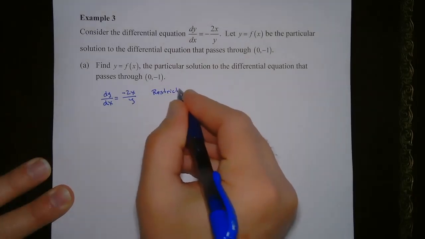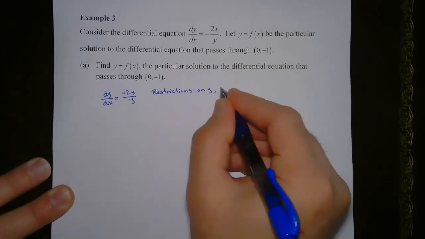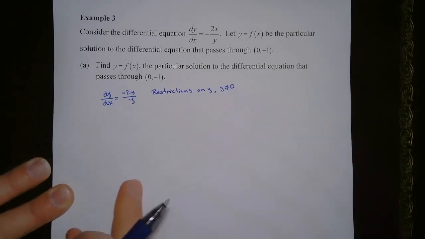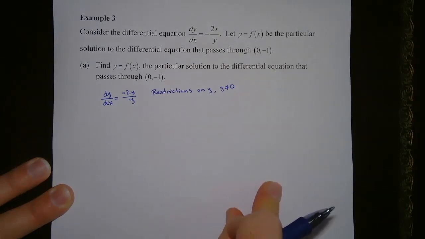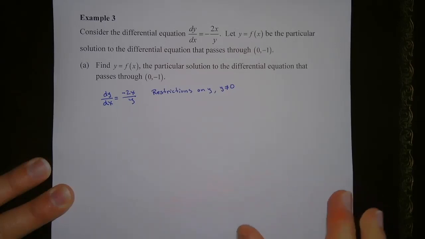So we have restrictions on y. y cannot be 0. Okay, so we're going to solve this, and we're going to get y equals in an equation, okay? Whatever x causes the y to be 0, we cannot use. So that's going to be a restriction on x, okay? So whatever x causes y to be 0, can't use it, okay?